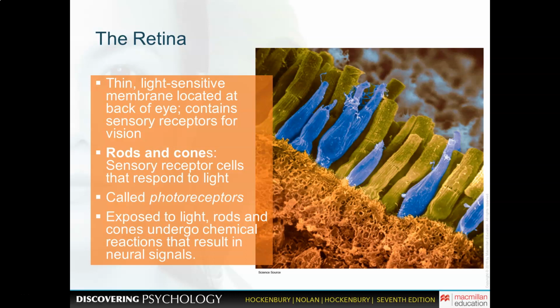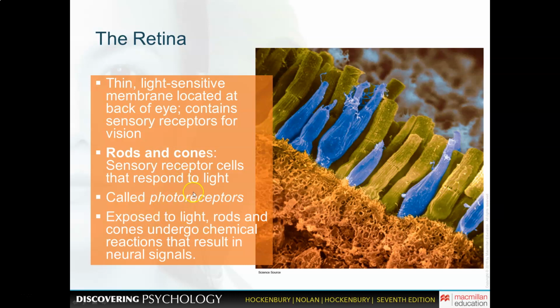Now, our retina is at the back of our eye. That is the part in the very back wall of our eye. We have what's called rods and cones, and those are sensory receptors that respond to the incoming light. This is an enlarged image of rods and cones in the human eye.